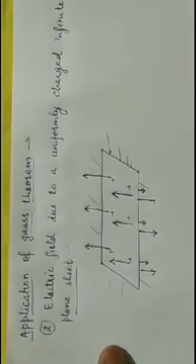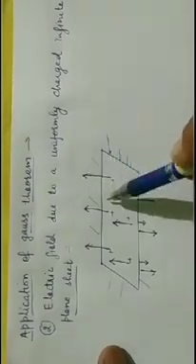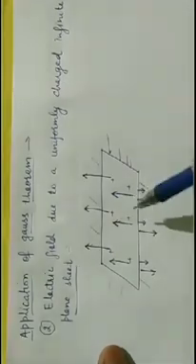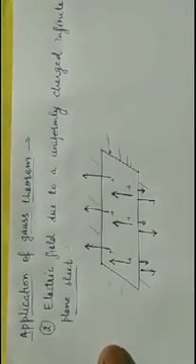The electric field lines are perpendicularly upward above the plane and perpendicularly downward below the plane.